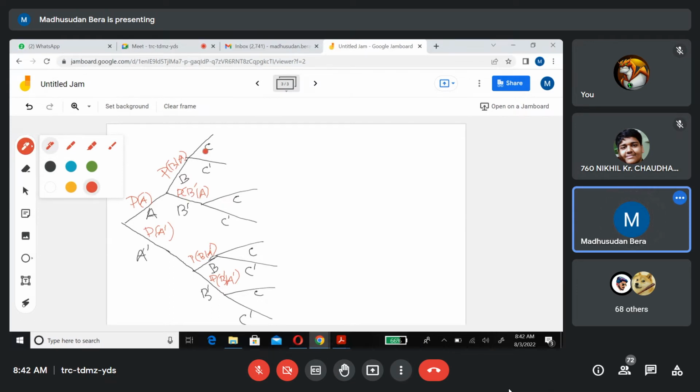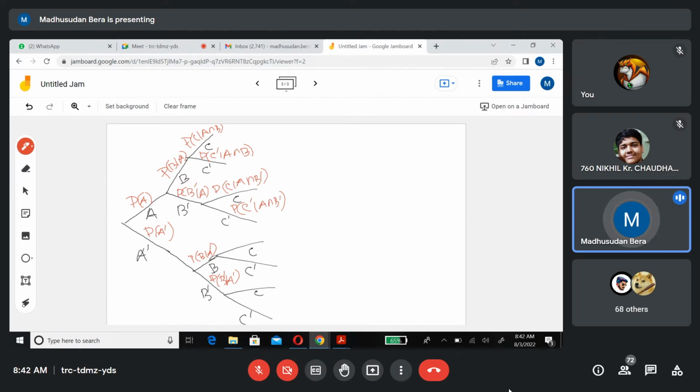Before this, A and B have happened. So here we will assign P of C given A intersection B. Here, before C dashed, A and B happened, C dashed given A intersection B. For this C, A and B dash happened, so P of C given A intersection B dashed. Here C dashed given A intersection B dashed.